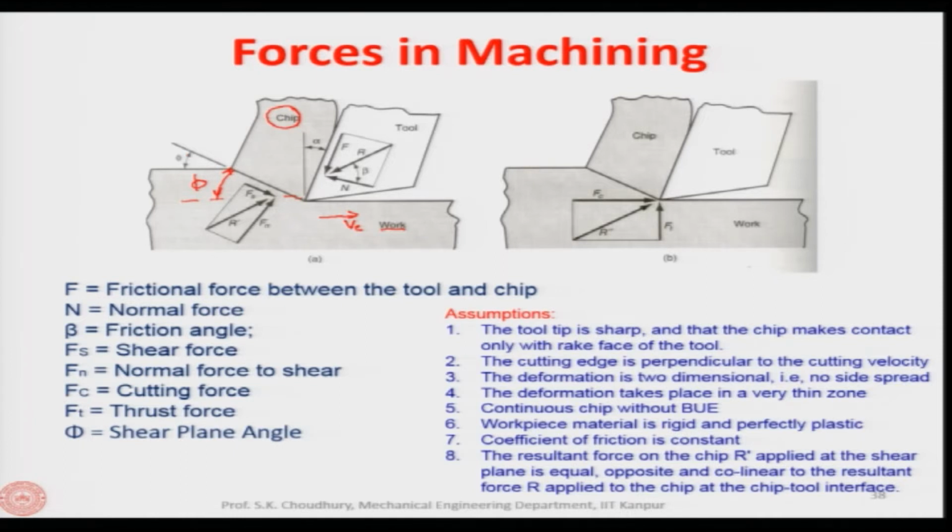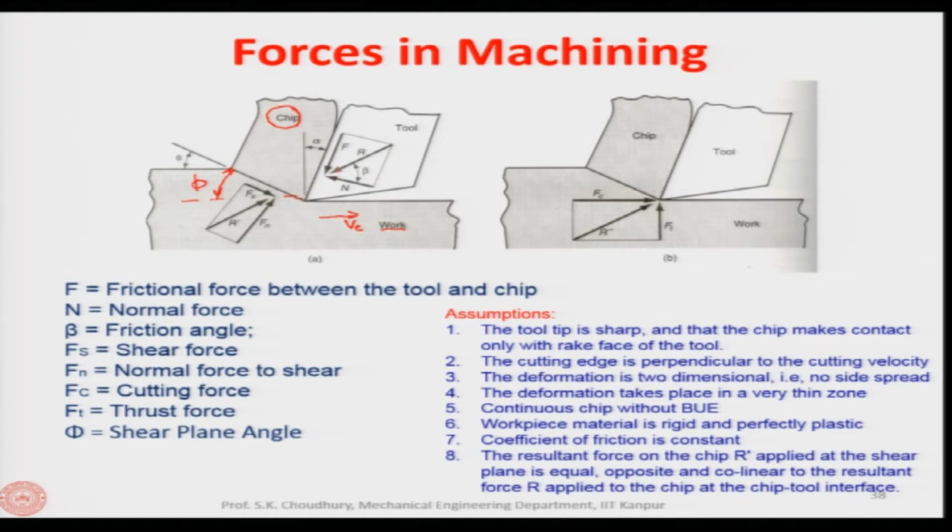Now, if we assume that the chip flowing over the rake face of the tool is a lump, homogeneous body, flowing at a constant velocity over the rake face, then the resultant of the forces acting on the chip from the tool side through the rake face, and the resultant force acting on the chip from the workpiece, which is the reaction force acting through the shear plane, will sum to zero.